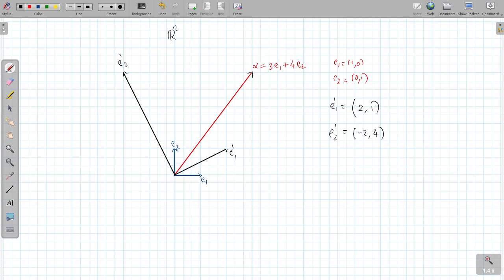When we write alpha is equal to 3e1 plus 4e2, we represent the coordinates of this alpha with respect to e1 and e2 as (3, 4). Okay, this is the definition of the coordinate.